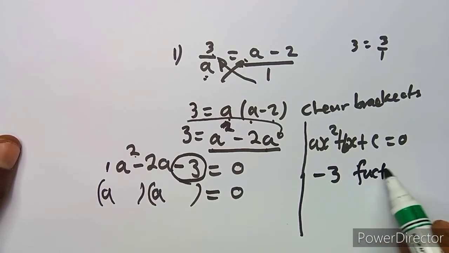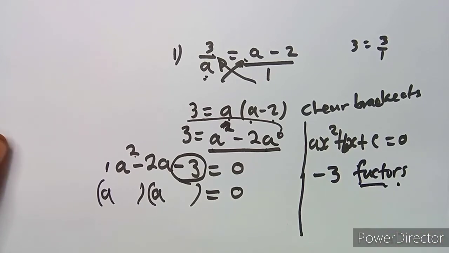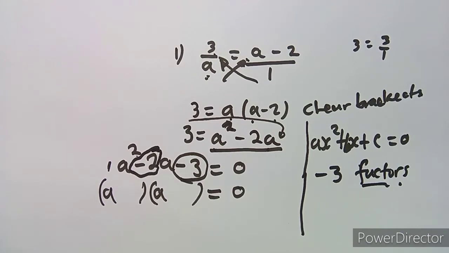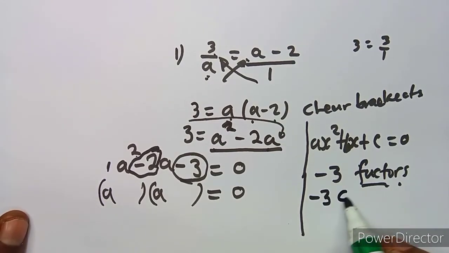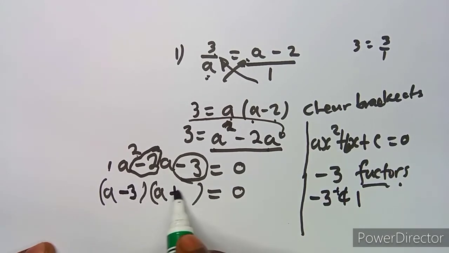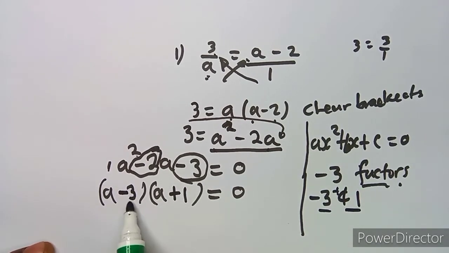So you need factors of minus 3, but when you add them, they must give you this number, which is minus 2. What are the factors of minus 3? It's definitely minus 3 and 1. Minus 3 times 1 is minus 3. Minus 3 plus 1 is minus 2. So we're going to have (a minus 3)(a plus 1). You write those factors with their signs inside the brackets, okay?